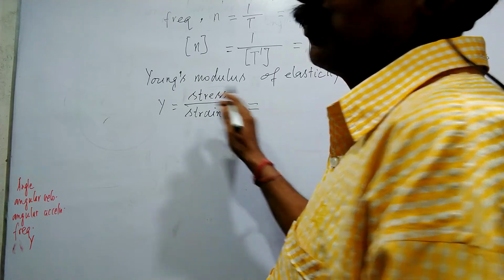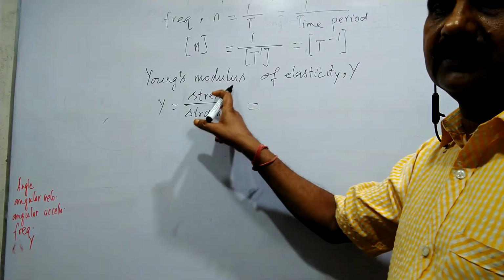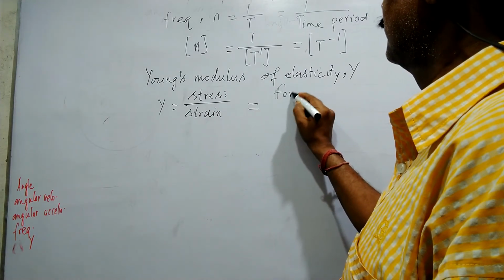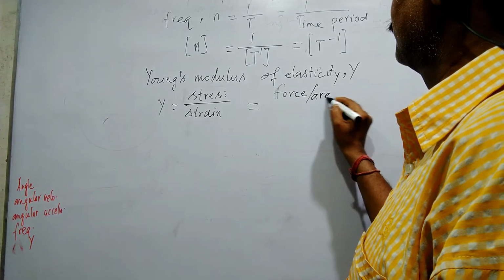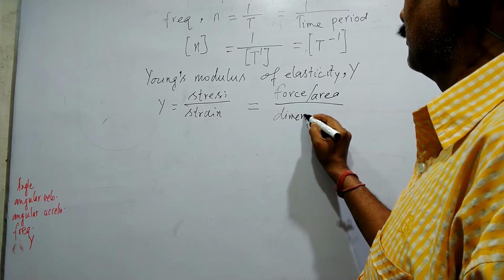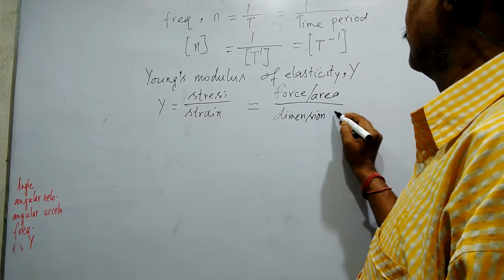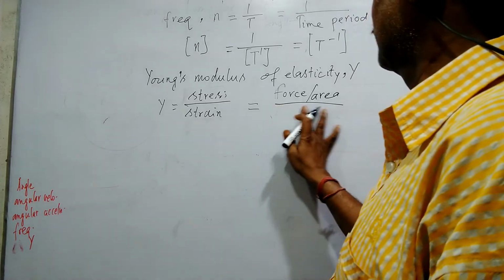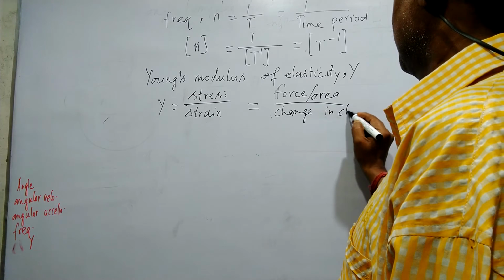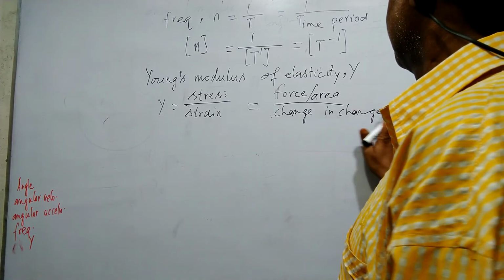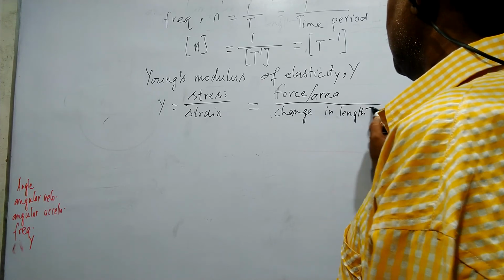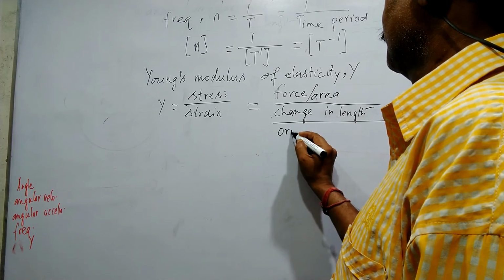We have already derived the dimensional formula of this. Now write down here. Stress is force per unit area, and strain is dimensionless, or write it as change in length divided by original length.